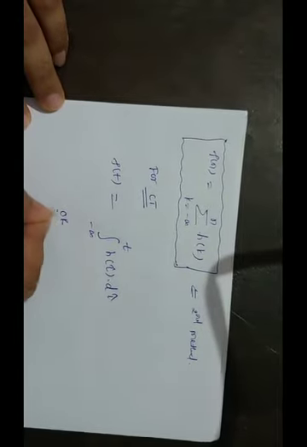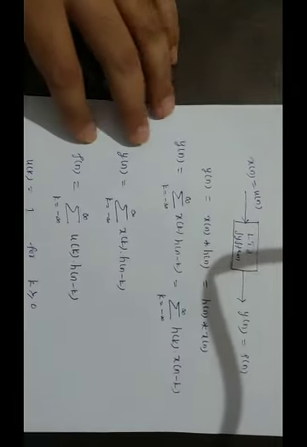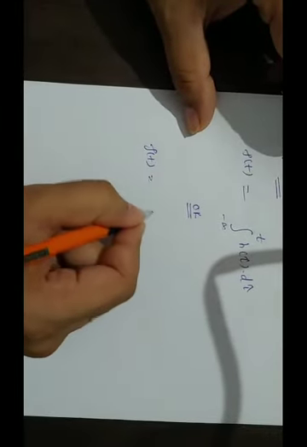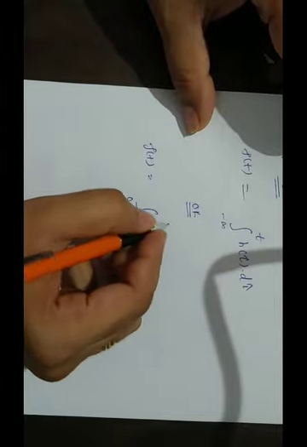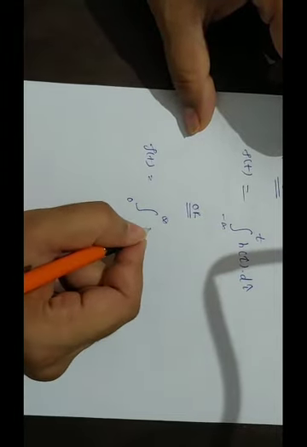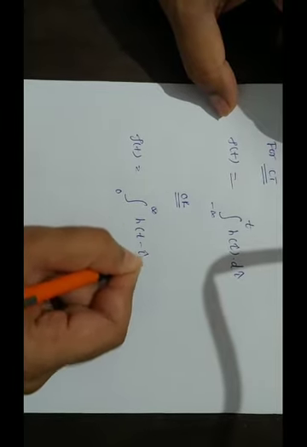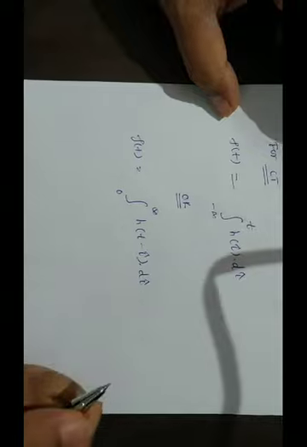One more formula you can write by seeing this: with k equal to 0 to infinity, I can write s of t equal to the integral from 0 to infinity of h of t minus tau d tau.